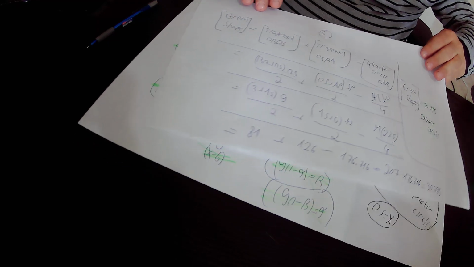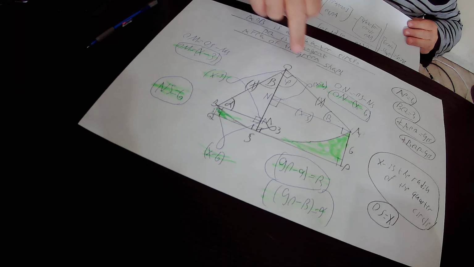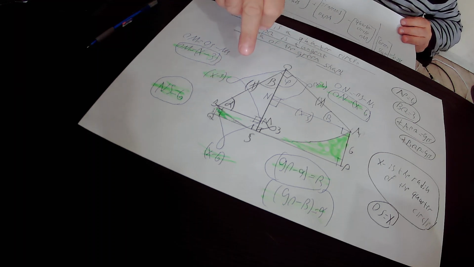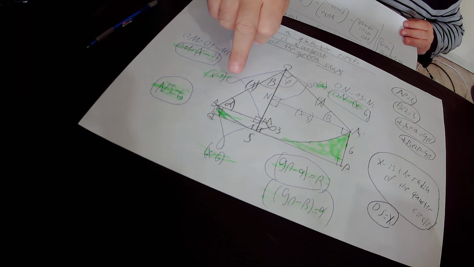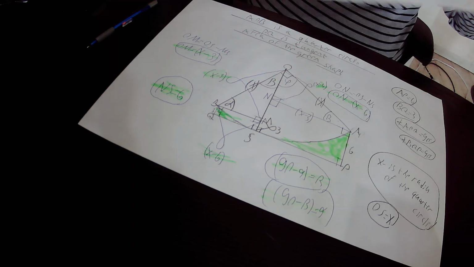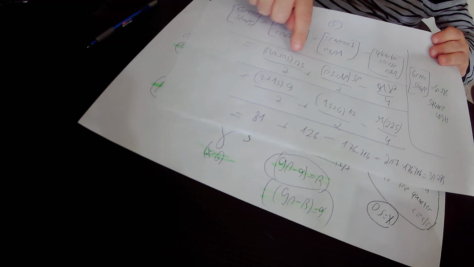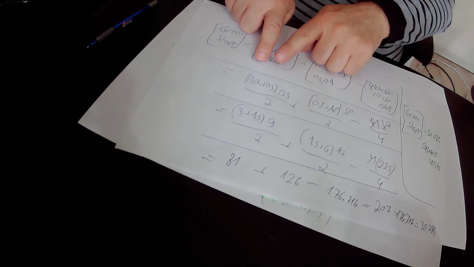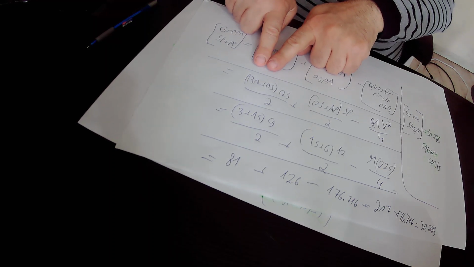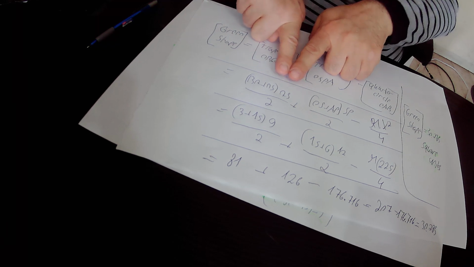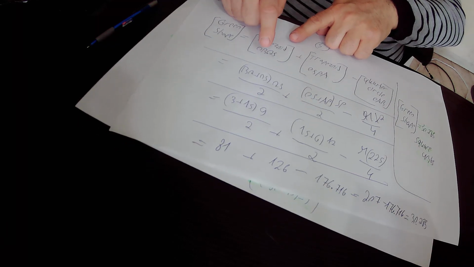So what is the area of trapezoid OBQS? The area of trapezoid OBQS is equal to the sum of its bases, that is BQ plus OS, times the height, that is QS, over 2.